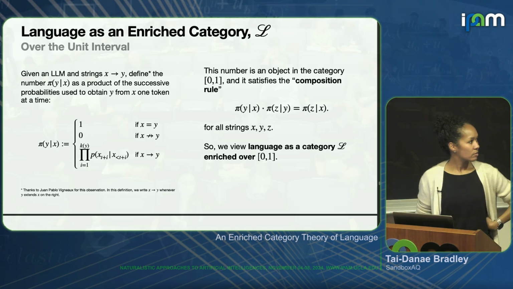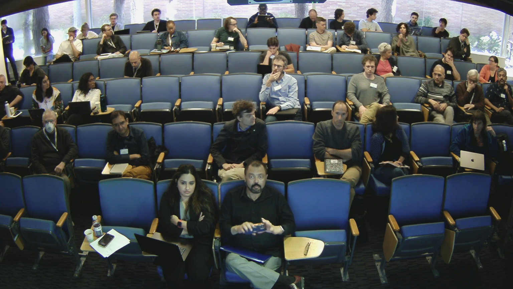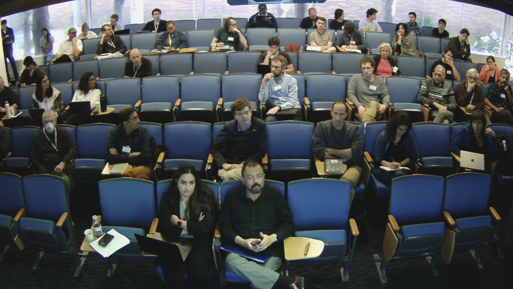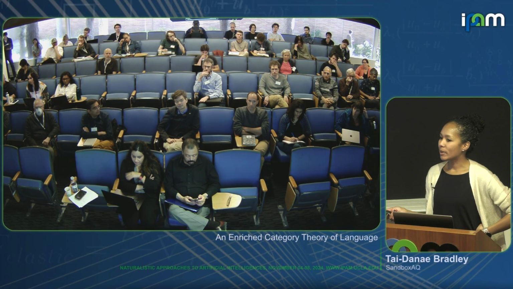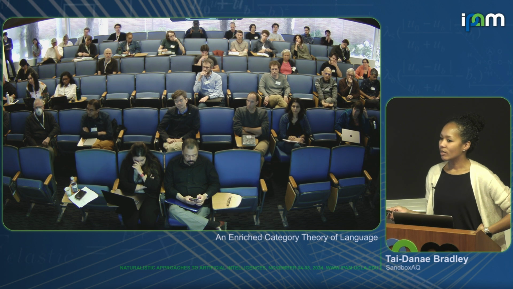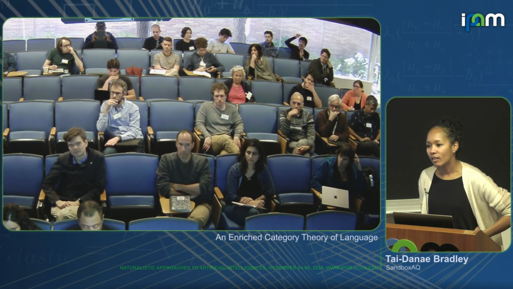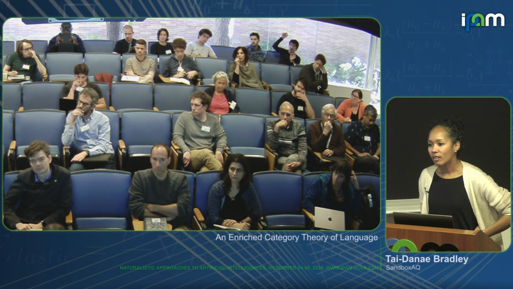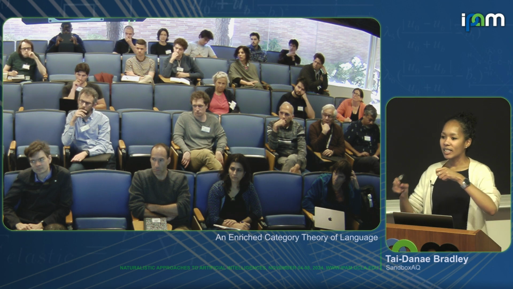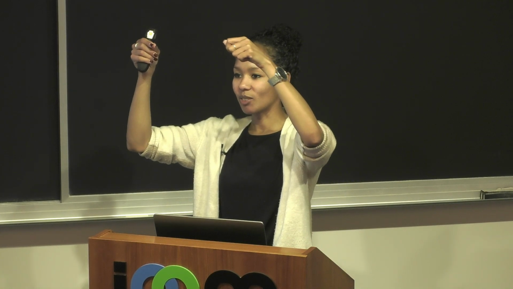So this definition doesn't define a pi uniquely? Here I'm defining pi in terms of the probabilities given to you by a language model. Right, and I guess it's guaranteed to give the same probability for different paths between two strings? No, because if I have x1, x2, x3, and x1, x7, x3, there's going to be different probabilities associated to each of those.